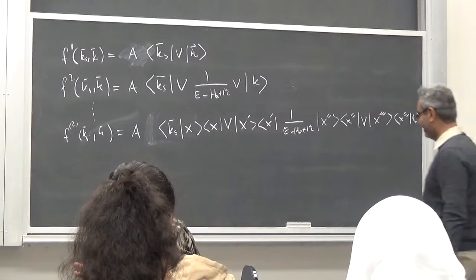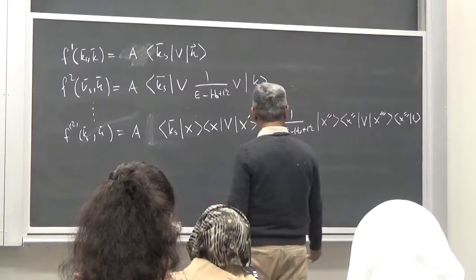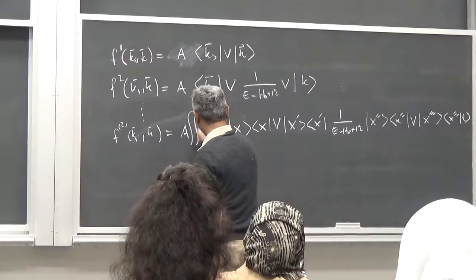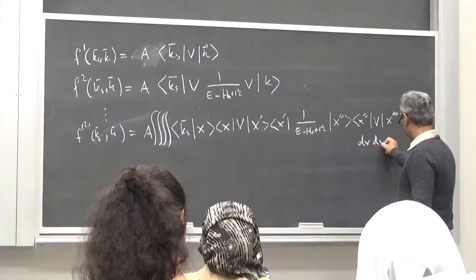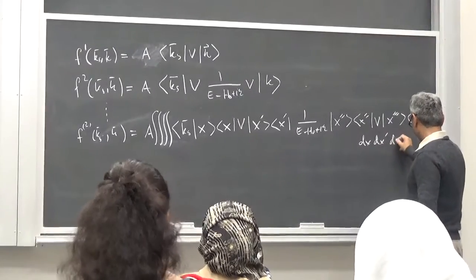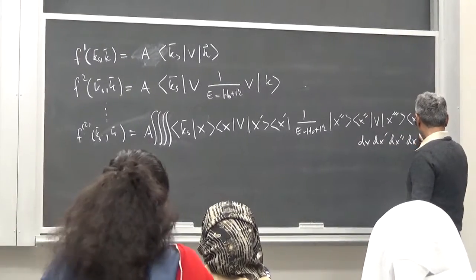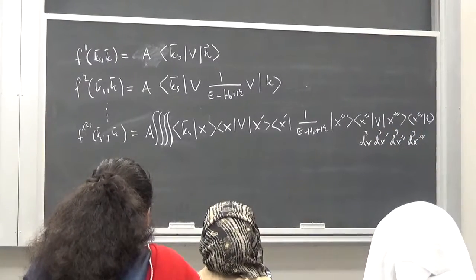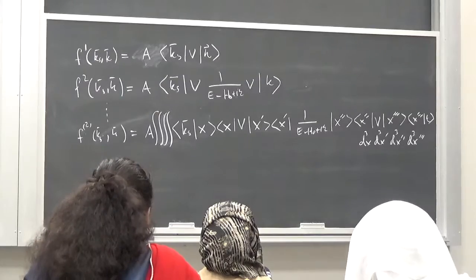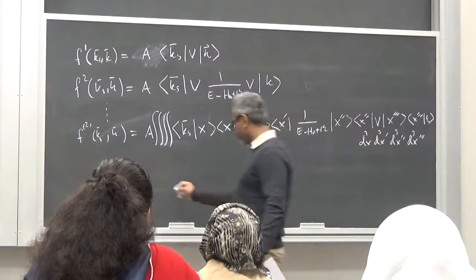And then you would have, how many do you have? 4, and then you would have dx, dx prime, dx double prime, dx triple prime. Right? Okay.